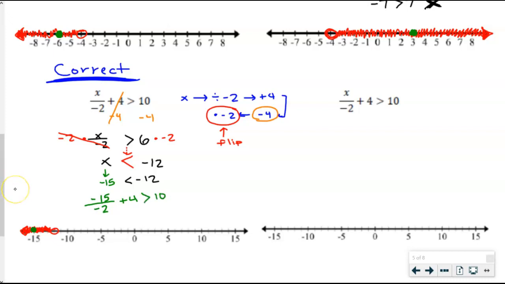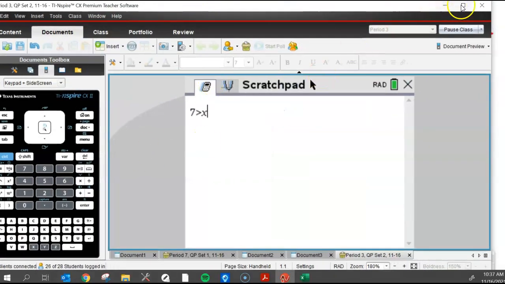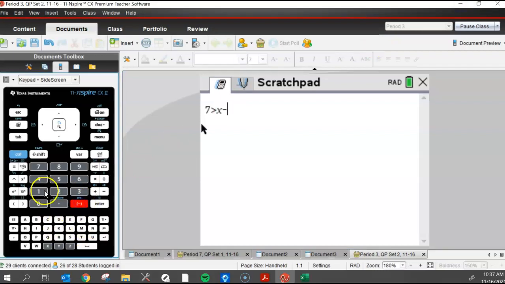You actually even have your calculators. So we can test this out in our calculators. Let's take a look and see what that would look like. Negative 15. Oops, hold on. Let me try again. Negative 15 divided by negative 2. I forgot already. Help me out. Was it plus 4?